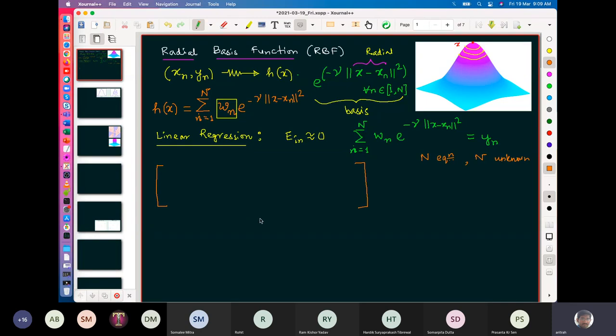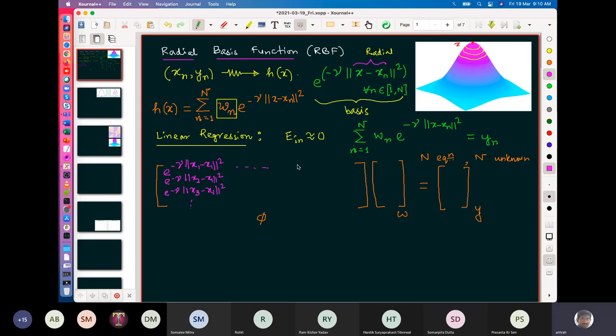So this will be our matrix of radial basis. This will be our matrix of weights, equal to this, our matrix of outcomes. If I try to fill this up, this will be e to the power minus gamma (x1 minus x1) square, e to the power minus gamma (x2 minus x1) square, e to the power minus gamma (x3 minus x1) square, and so on.